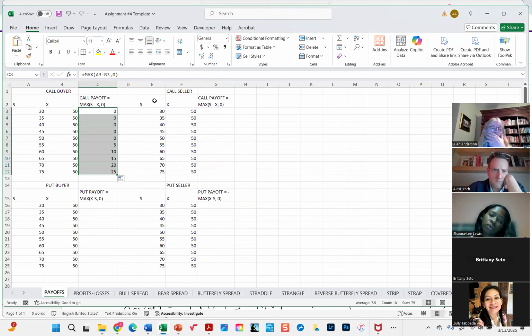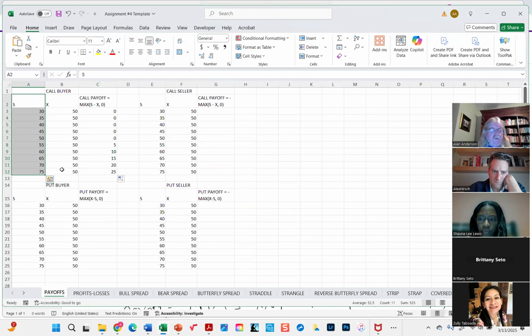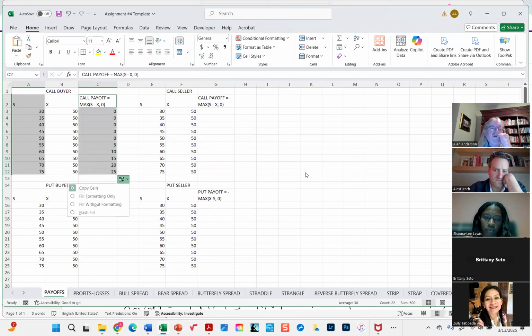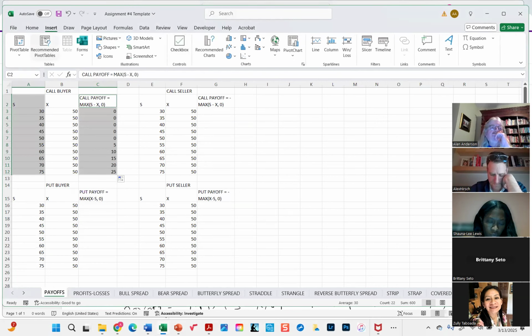And then you could plot this. You have to be careful with this because the things you actually want are not in two consecutive columns. So what I did here to choose those was I held down the control key and now I can insert.